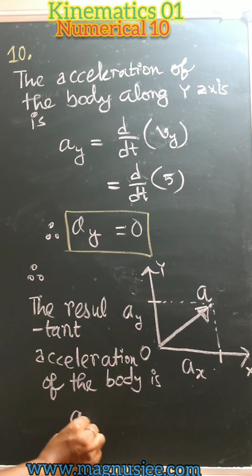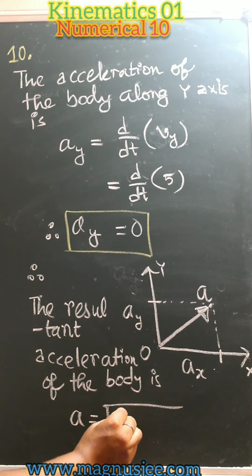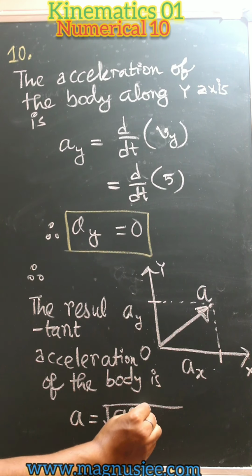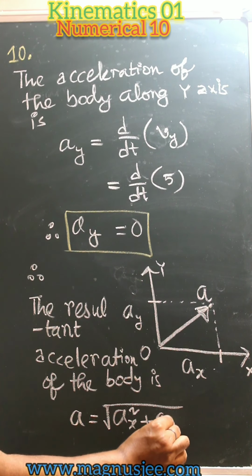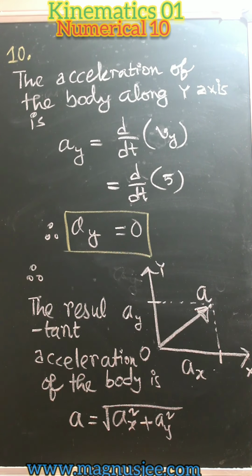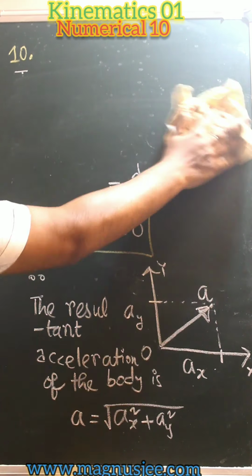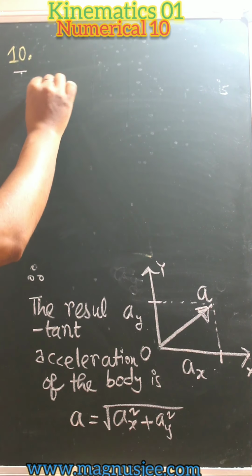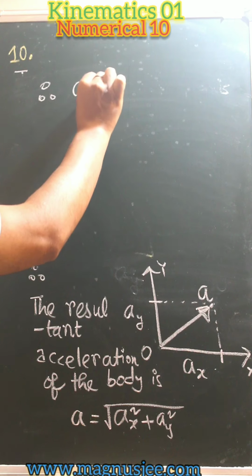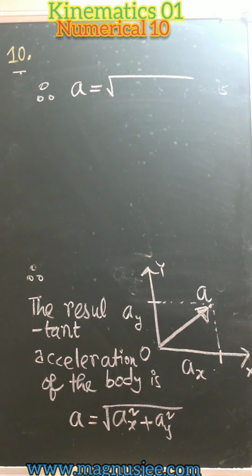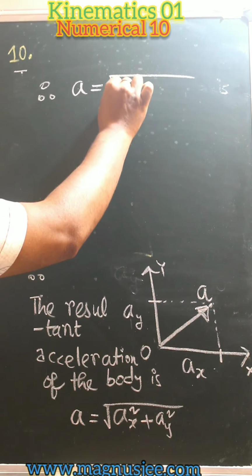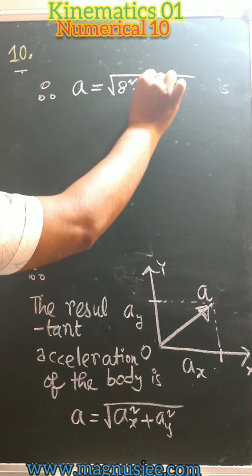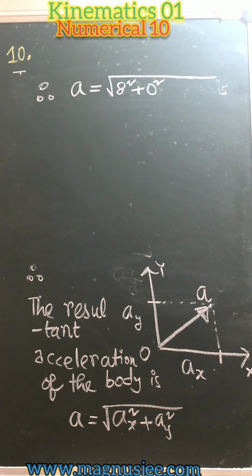The resultant acceleration of the body is a equal root over ax square plus ay square. Therefore, a equal to root over 8 square plus 0 square.